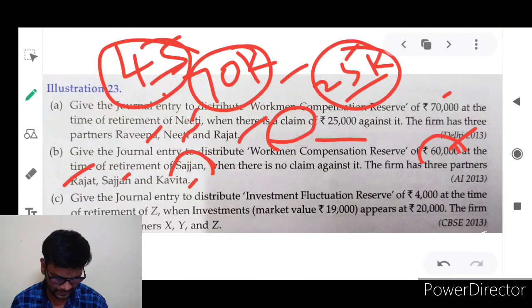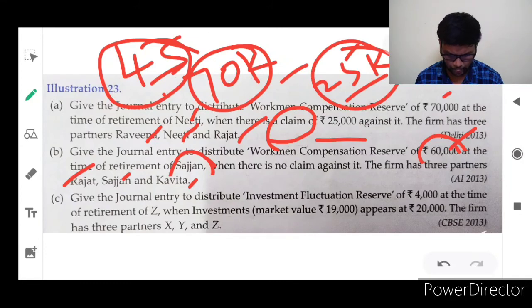And the third situation is to give a journal entry to distribute investment fluctuation reserve of 4,000. We already have an investment fluctuation reserve. If any fluctuation happens in the future, to meet that fluctuation we have reserve money of 4,000. At the time of retirement of Jet, the investment market value is 19,000 against 20,000.